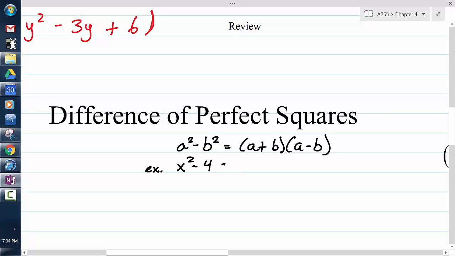Notice that's the same exact thing as x squared minus 2 squared, which is the same thing as x plus 2 times x minus 2. It's officially broken out. After a while, this step right here is not going to be necessary.